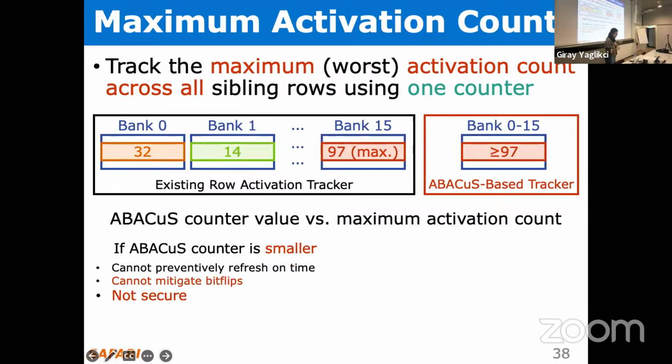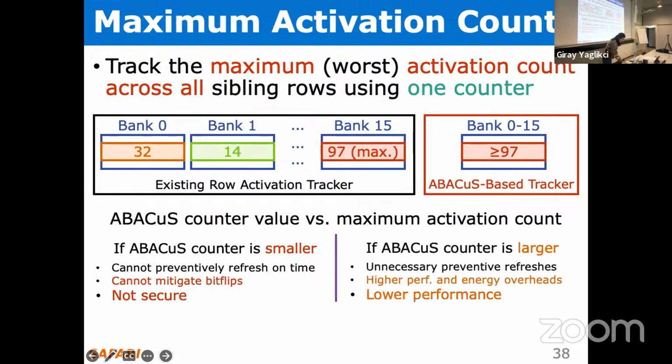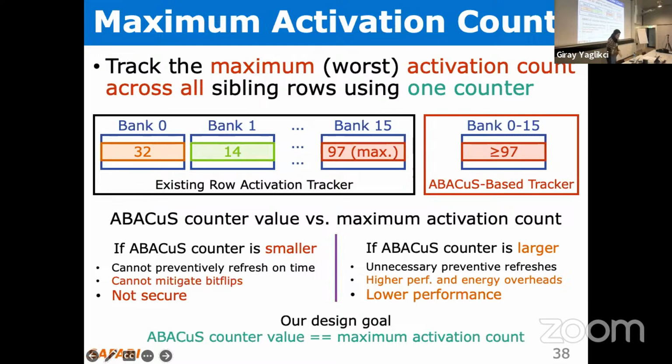Therefore, this would make the mechanism not secure. If it's larger, we will have increased performance and energy overheads from unnecessary preventive refreshes, so we will have lower performance. And because of these two reasons, our key design goal for Abacus is to keep its counter value equal to the maximum activation count.